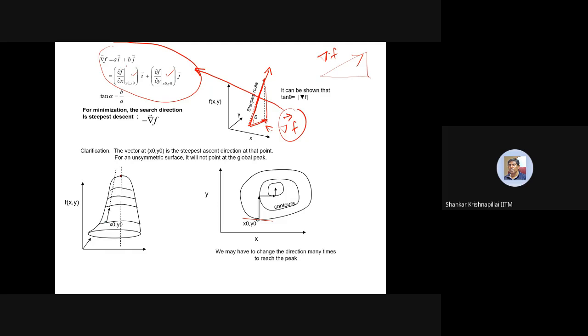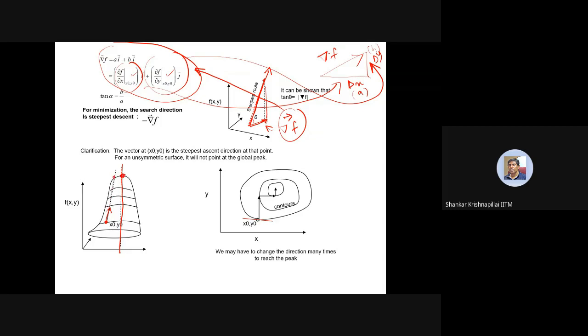So this is on the x coordinate, and this is on the y coordinate. So this is delta x or delta y, or sometimes we call it a and b. Then we also saw that if the objective function is not symmetric about the z-axis, and you have a starting point x naught, y naught, and you find the steepest ascent vector, it will not touch this global peak.